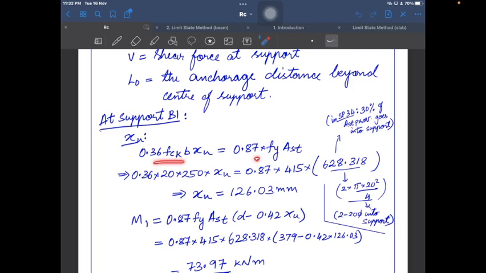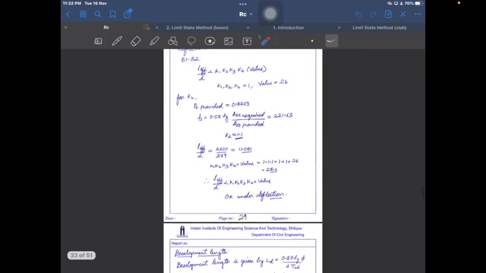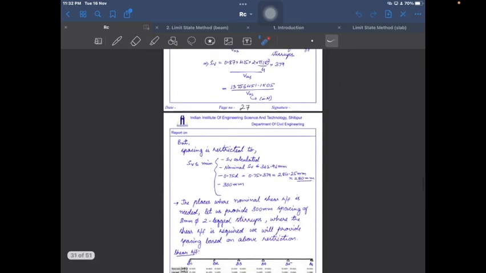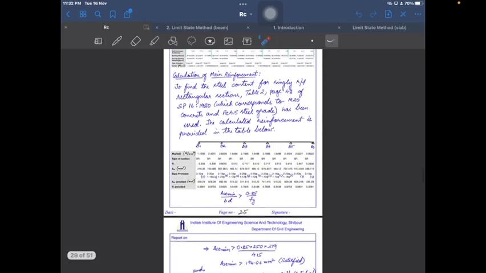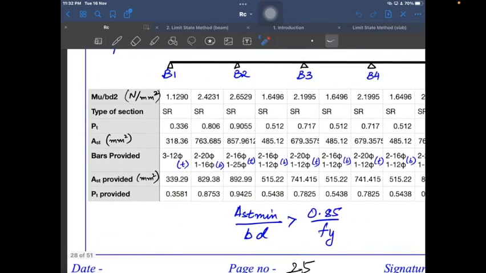So we just use that formula. We know area of steel whatever we are providing. At this support, I'm not talking about this. This is negative tension. This negative tension is on the top.